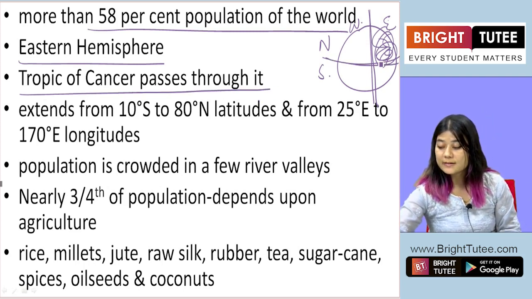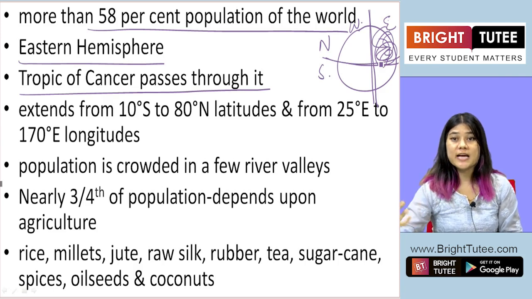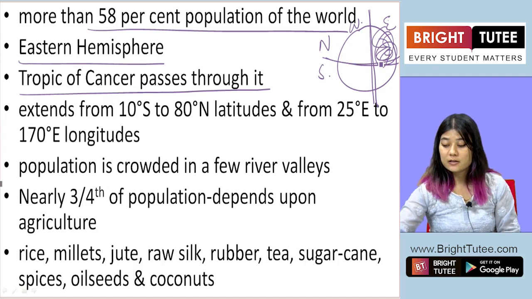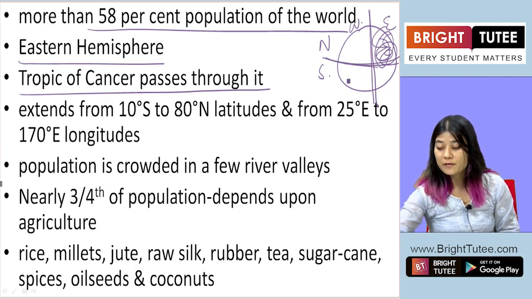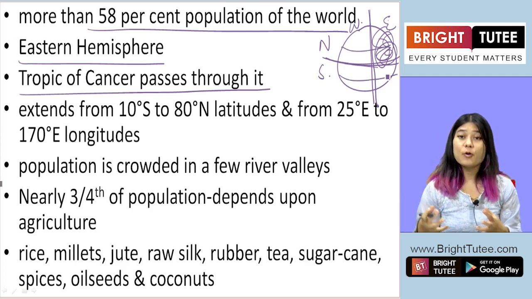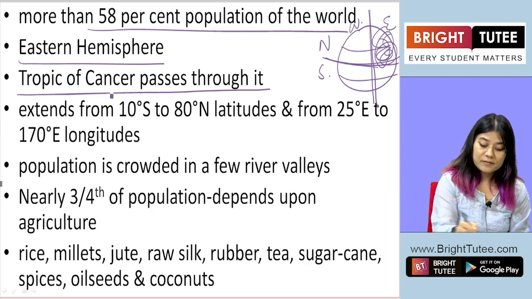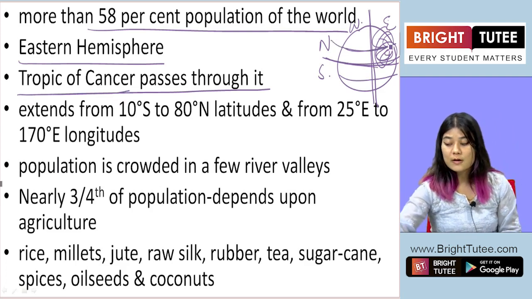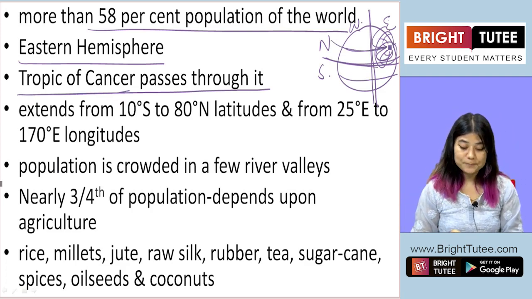So there are different lines which divide and encircle Earth. So equator, Tropic of Cancer, Tropic of Capricorn, right? So those lines are important. Alright. Now, Tropic of Cancer passes through the continent of Asia.